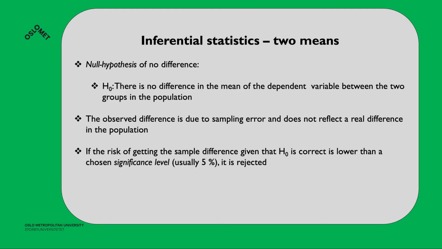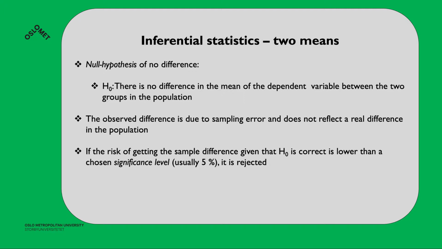And if the risk of getting this sample difference, given that H0 is correct, is lower than the chosen level of significance, usually 5%, we reject H0. So if the chance of getting the difference we find, given that H0 is correct, is very, very low, less than 5%, well, then we are more than 95% sure that H0 is not correct.